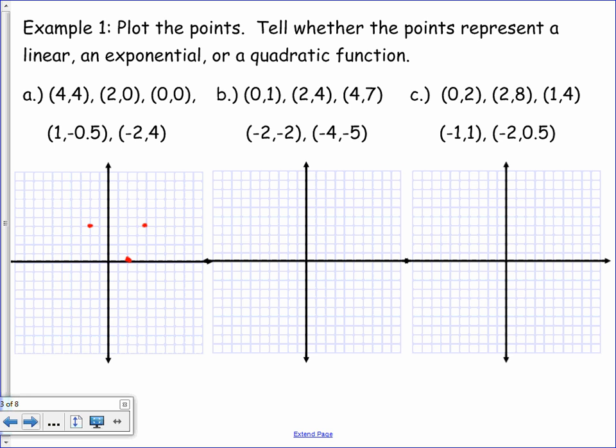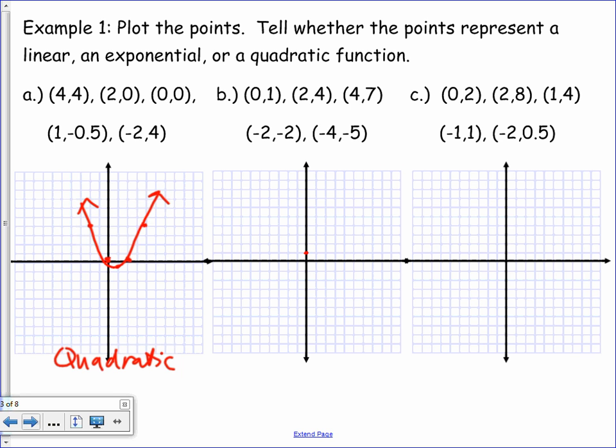I graphed 0, 0, that's right here, but 1, negative 1 half is down here, and we have something that looks like this, so that would be a parabola shape, so that is quadratic. Okay, so it's a quadratic function.